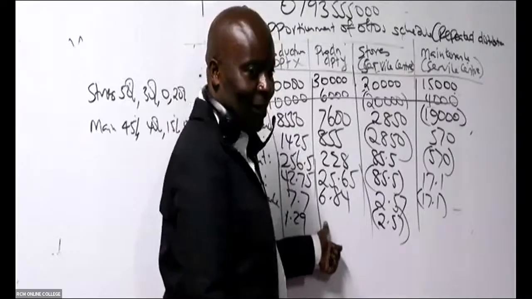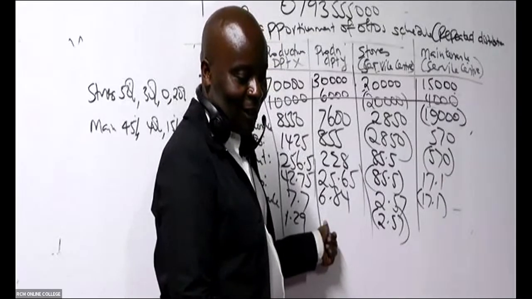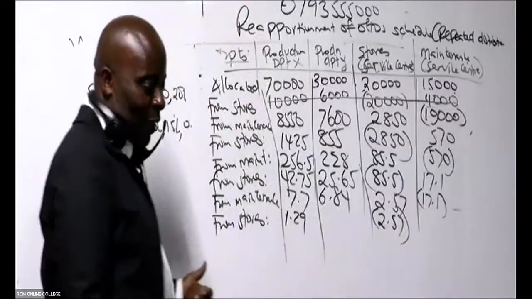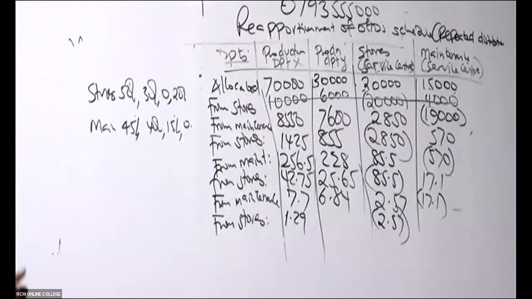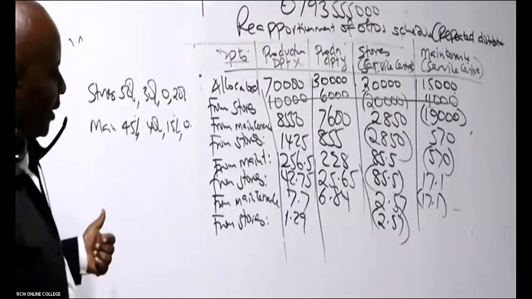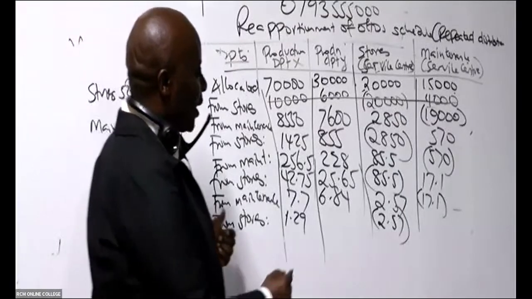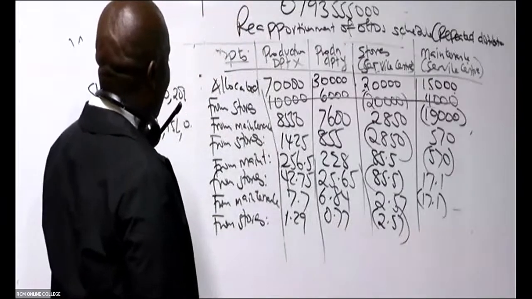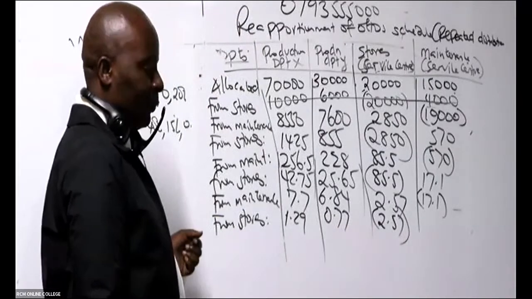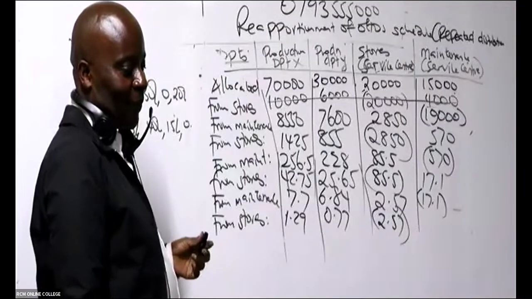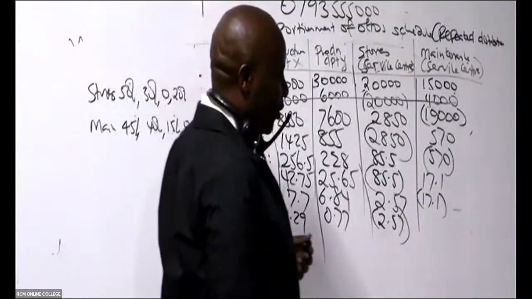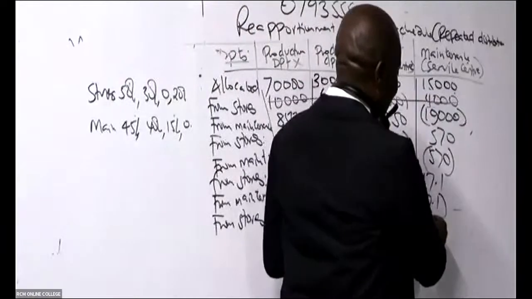1.29. Yeah, 1.25 still right. That's all right. Everything will be just fine. 0.77. And then now lastly, 2.57 times 0.2, 0.51.